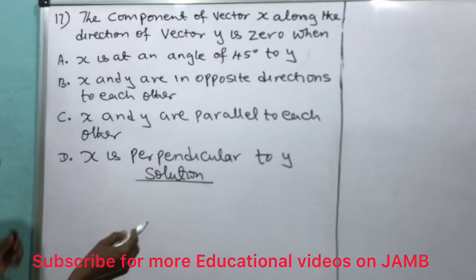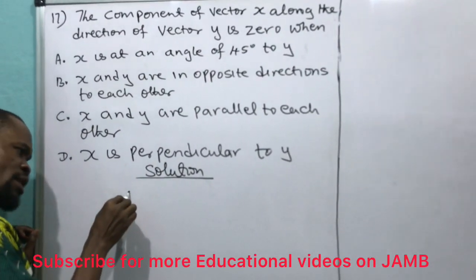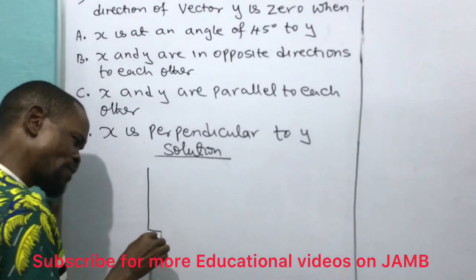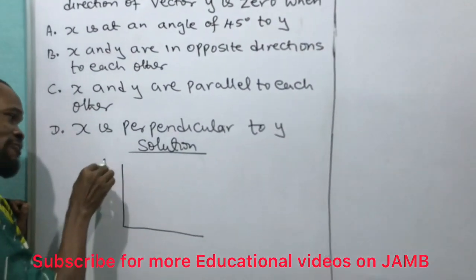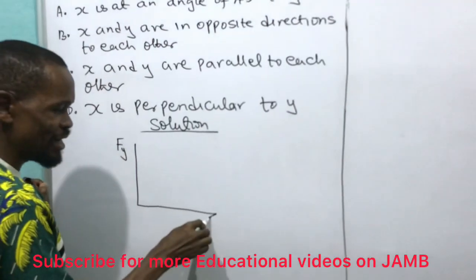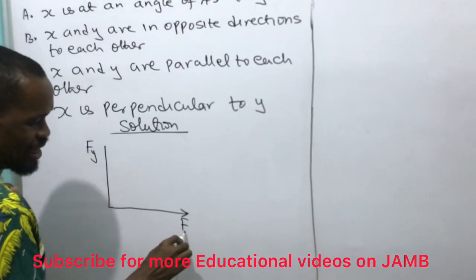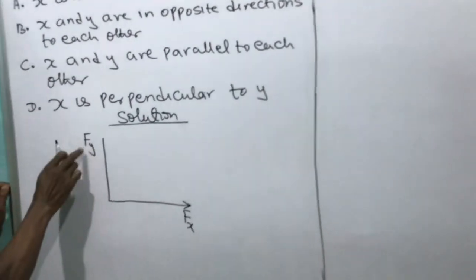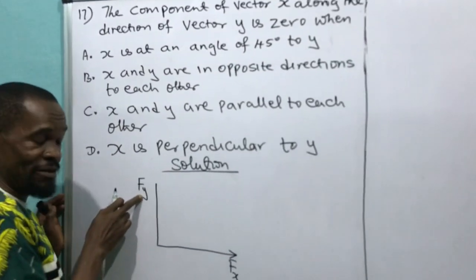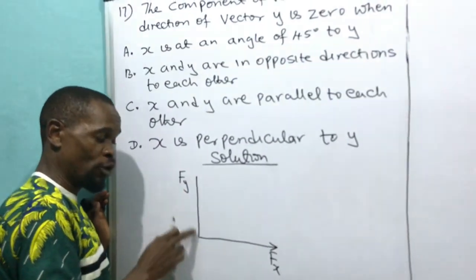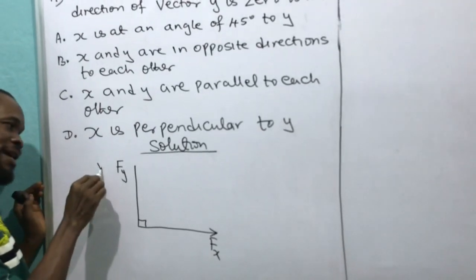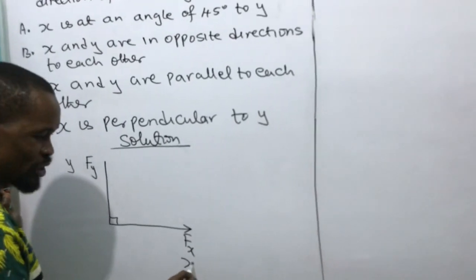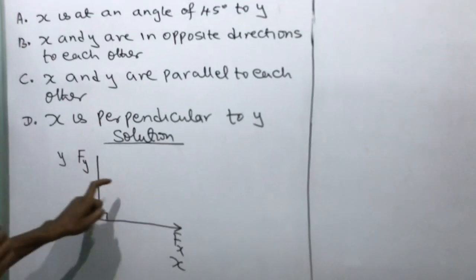Look at the first condition: this is Fy and this one is Fx. That means the vertical force y must be perpendicular to x. That's the first condition.